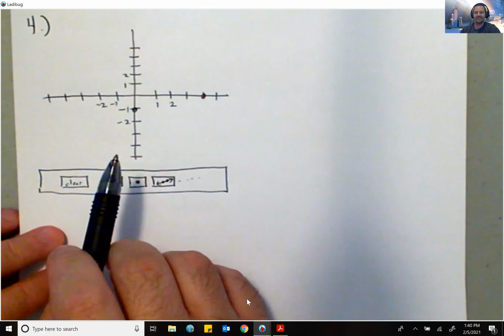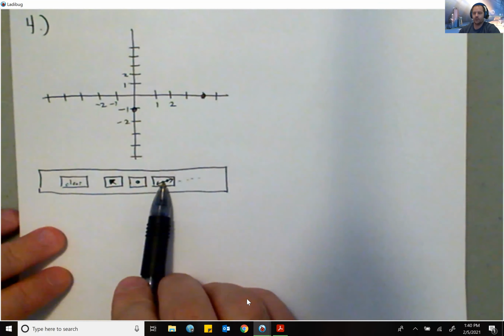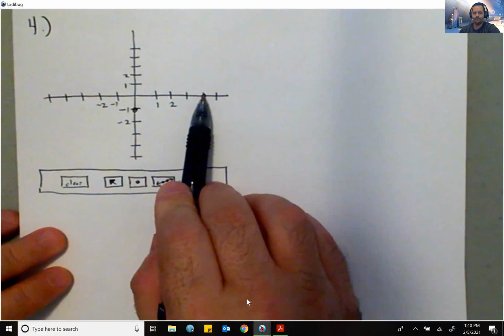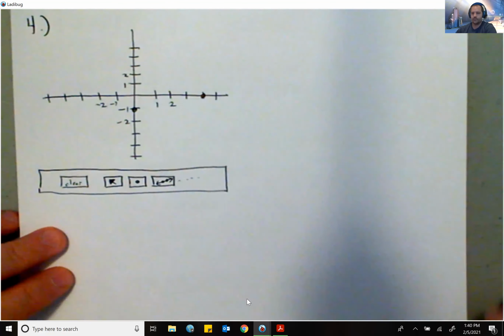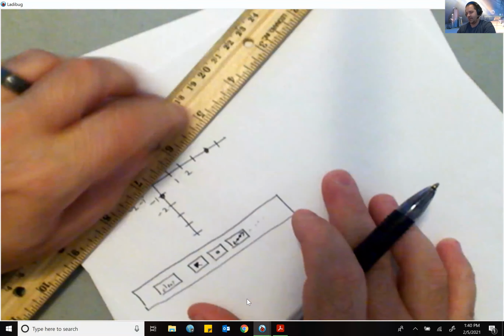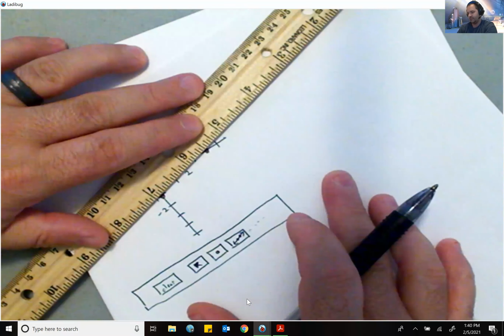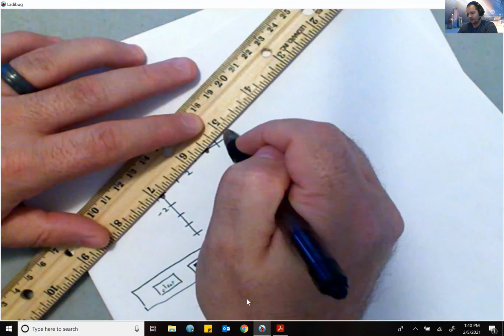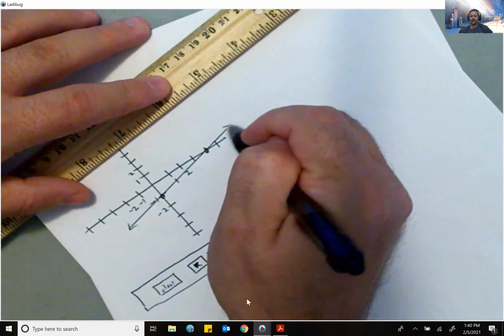So remember, it takes like 3 clicks in here. Click on the line, click your first intercept, scroll over, click the second one, and you're done. So as I connect the 2 dots there, as best as I can, got a nice little ruler I can use to cheat a little bit. That's what the line should look like.